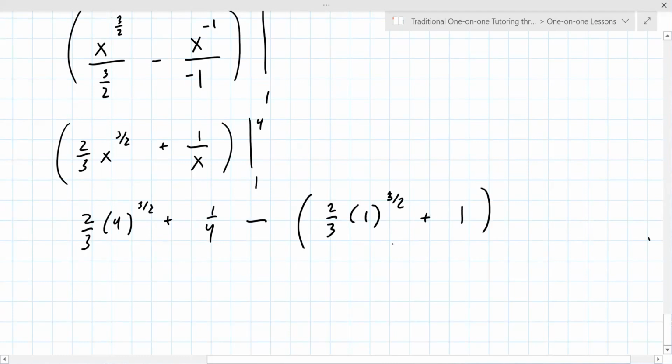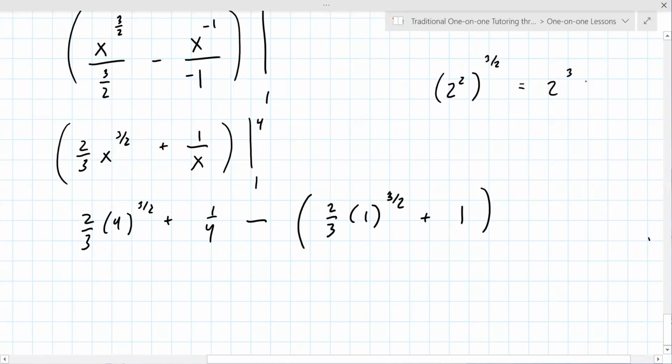So this one might be a little bit weird. If you recall, 4 is like 2 squared, and then to the 3/2 power, you multiply the exponents.